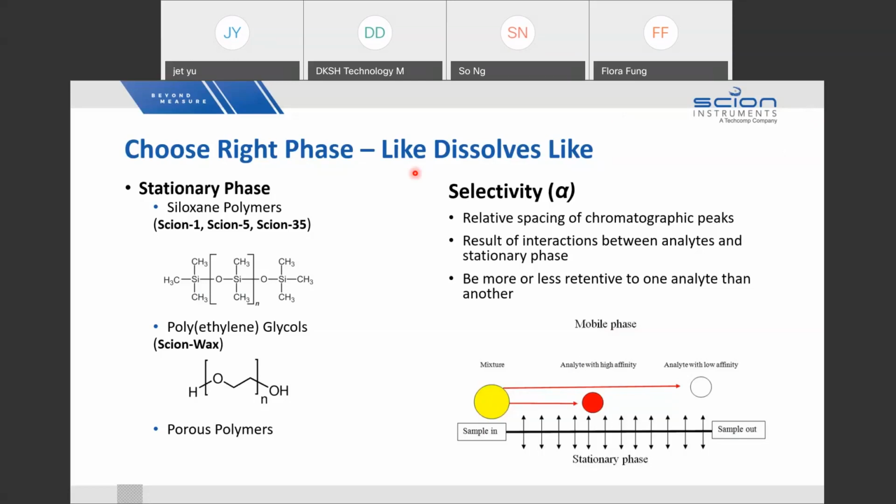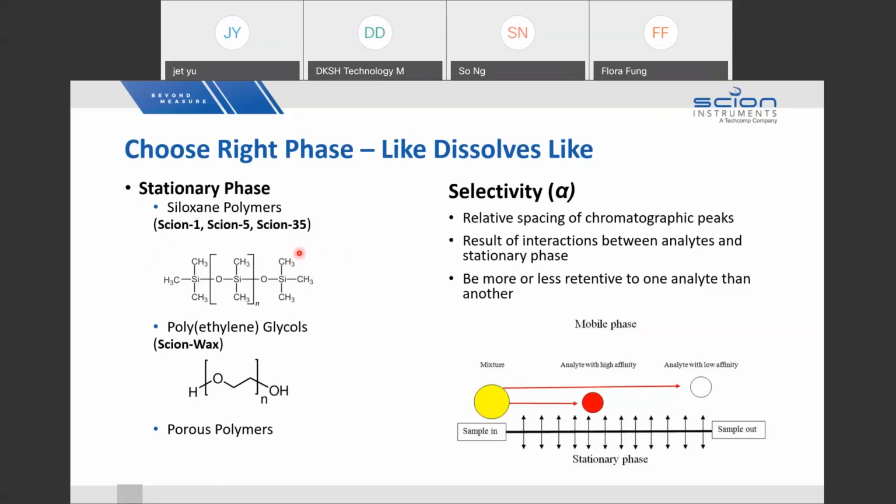When there are polar compounds, you need to choose a polar stationary phase. This is the chemical interaction in between. This is a typical non-polar stationary phase. You look at these chemical groups: these are alkane groups, so this is non-polar.